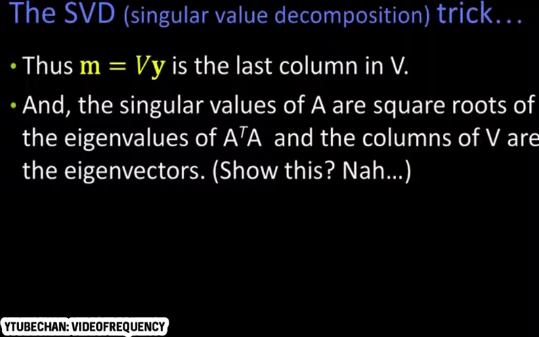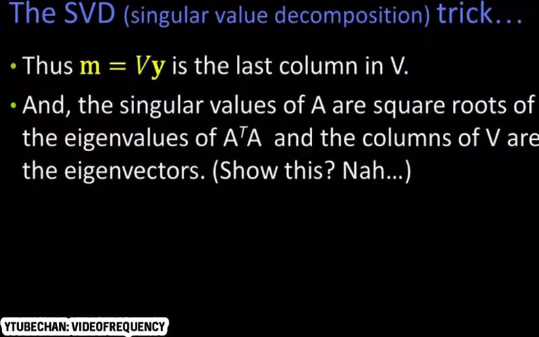And here's something, just because of what we said before: the singular values of A, that's D, are the square roots of the eigenvalues of A transpose A, and the columns of V are the eigenvectors of A transpose A. I could show you this.